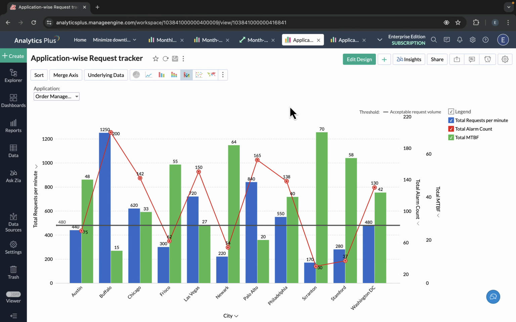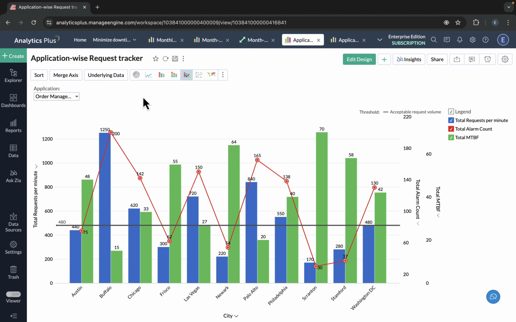Based on their analysis of a few branches, the IT team at Zilker set a standard predefined threshold of 480 requests per minute for the application servers. This threshold is likely to consume around 90% of server's memory and is maintained across all branches, regional offices, as well as central headquarters.